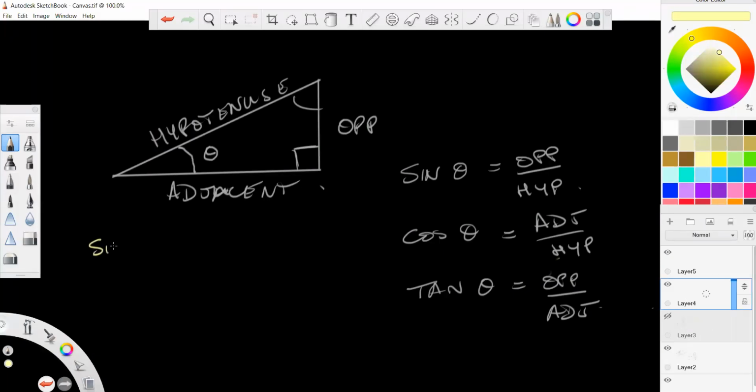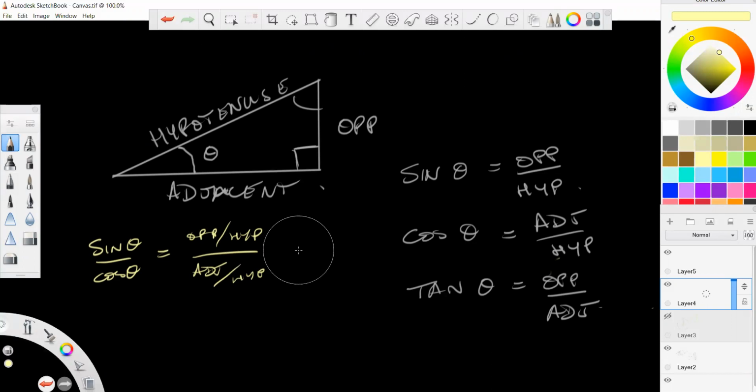If I divide sine theta by cosine theta, I get opposite over hypotenuse divided by adjacent over hypotenuse. Let's draw this as a division.